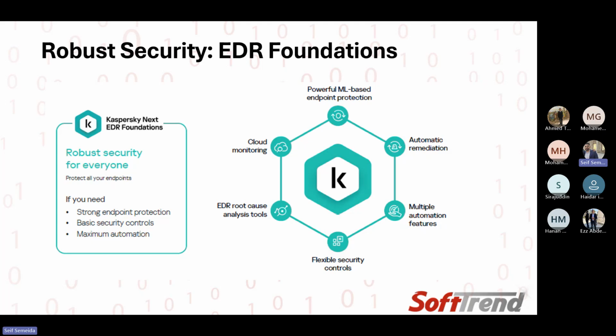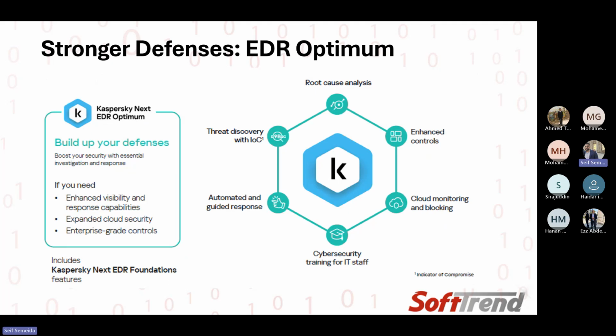Moving on to the EDR Optimum, you have the root cause analysis as well, and enhanced controls in comparison to the EDR Foundations. You have cloud monitoring and blocking, where you can limit what your users access on the cloud, be it applications, websites, or services.